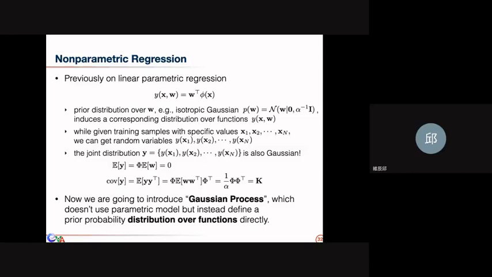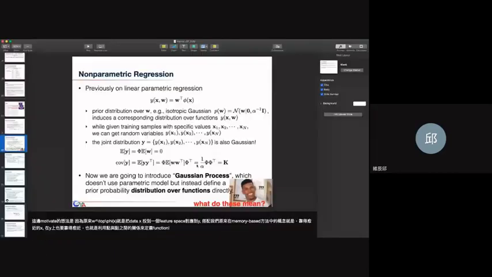The meaning of non-parametric doesn't stand for that you don't have any parameters in your model. Its actual meaning is that the number of parameters grows with the number of data points.